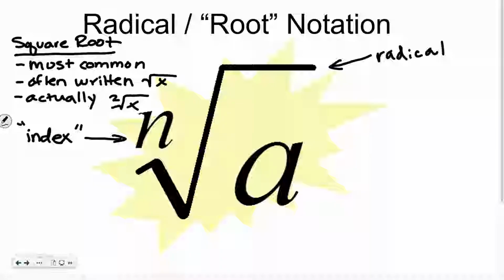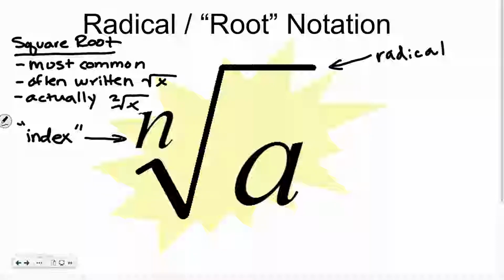There is a 2 out there. It's just that it's so common, we use it all the time, that we just dropped off the 2, the index. When you see a radical without an index, you just assume it's a square root. So don't be confused if you ever notice in the textbook they sometimes put a 2 out there. It's still the same thing, it's a square root.